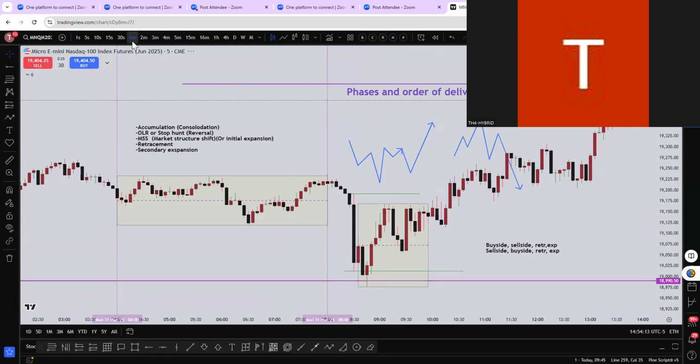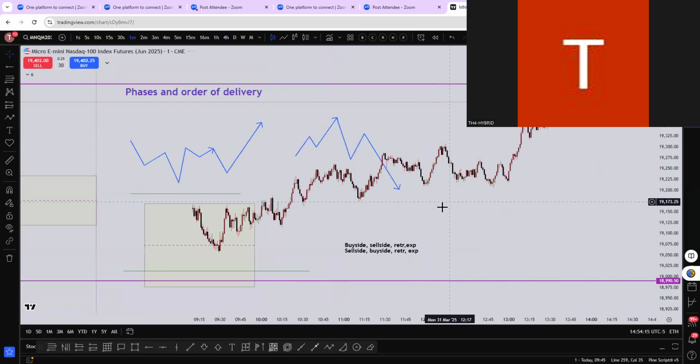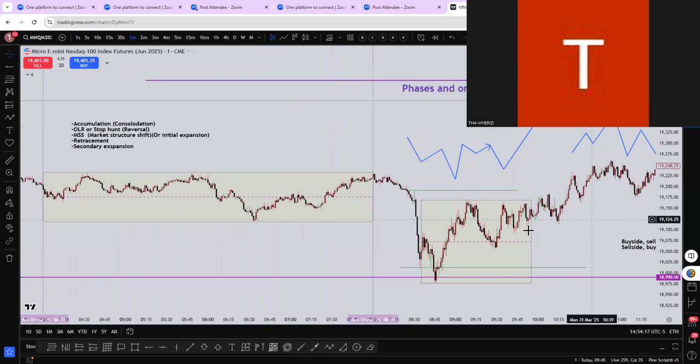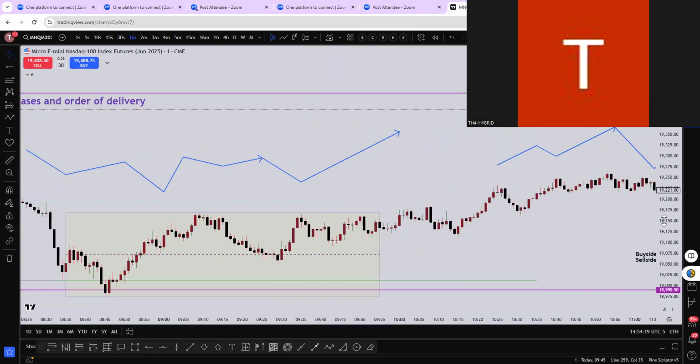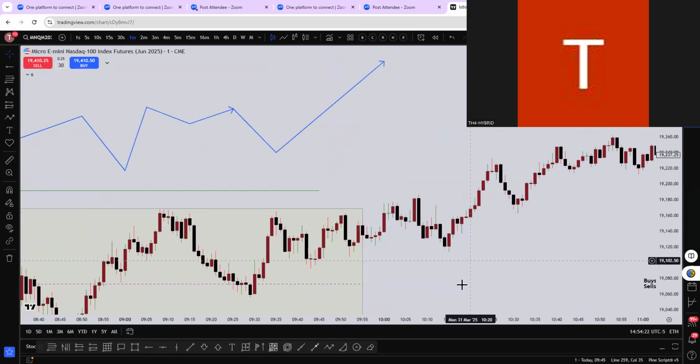Going on to different time frames, you're going to see this fractal over and over again. It's going to be burned into your brain. We just need to know when to trust it and when to not.